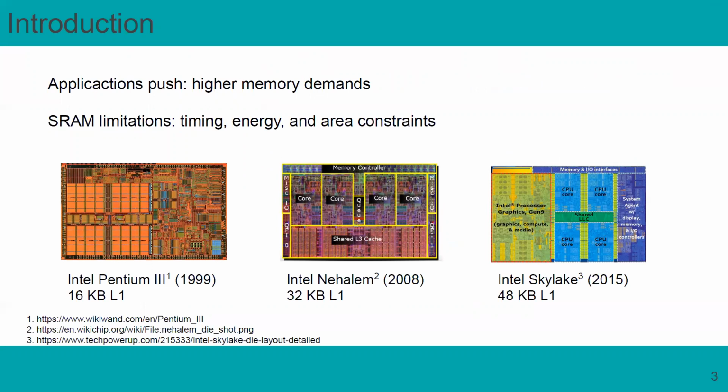In the last decades, L1 data caches have grown in size. For instance, the L1 size of Intel Pentium 3, Nehalem, and Skylake is 16, 32, and 48 kilobytes respectively. However, it is difficult to achieve such a growing trend given the constraints of SRAM in terms of latency, energy, and area as the cache size grows.